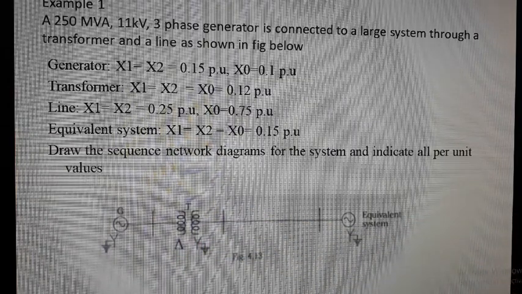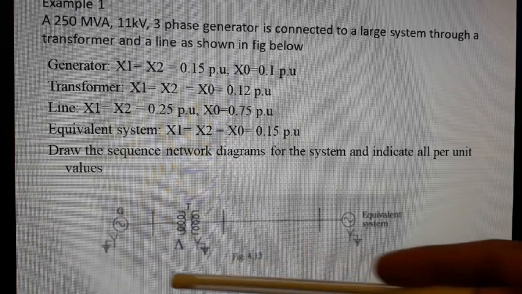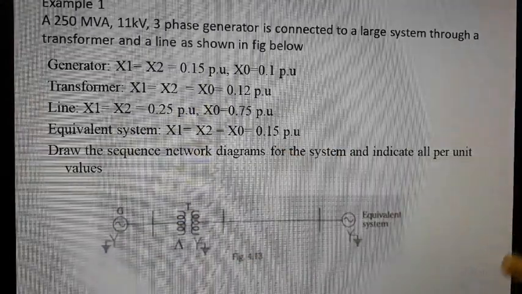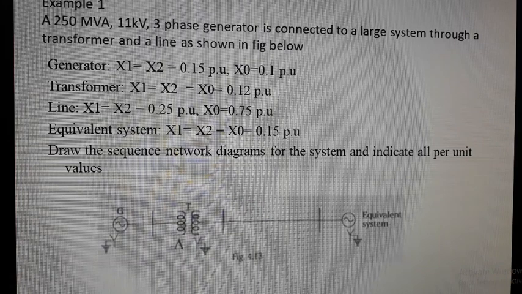As we know, a generator is replaced by a voltage source in series with the reactance, a transformer is just its reactance, a transmission line its reactance, and the equivalent system is again a voltage source in series with the reactance. Only that. We were discussing the same thing right from the first module.